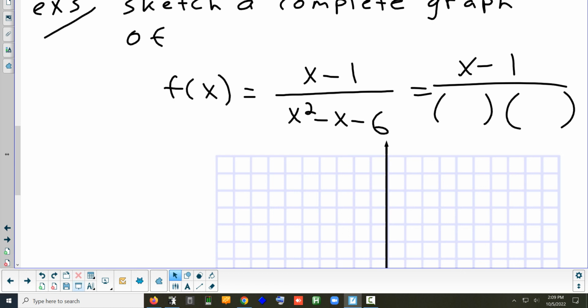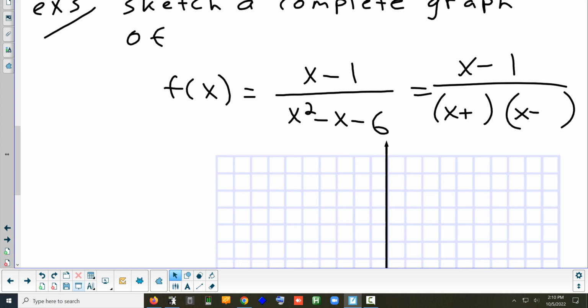Yep. It'd be an x. How about my signs? 2 pluses, 2 minuses, or 1 of each? Yep. It is 1 of each. I'm not going to give you one that wouldn't factor here because it would make this problem annoyingly long.